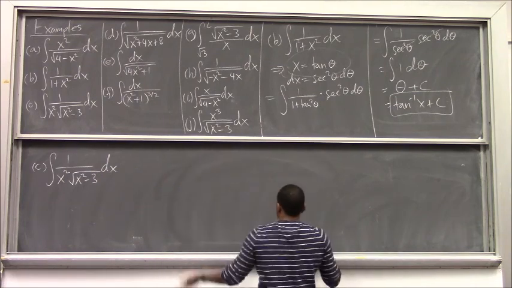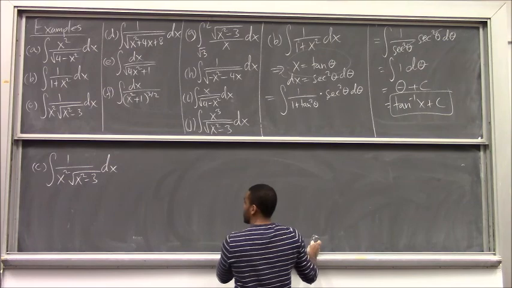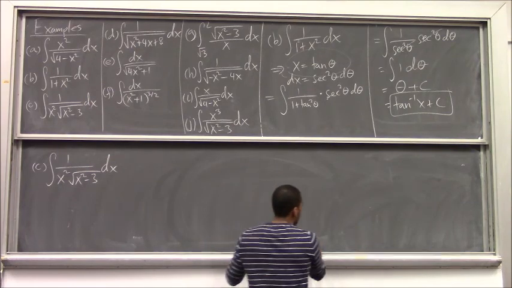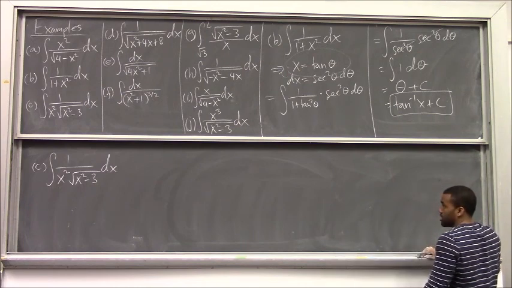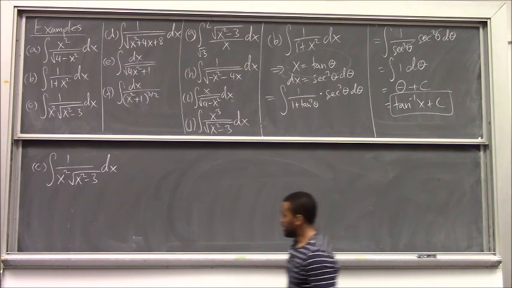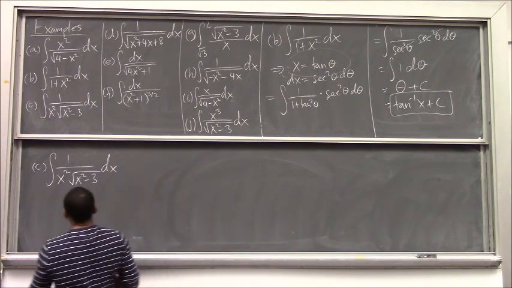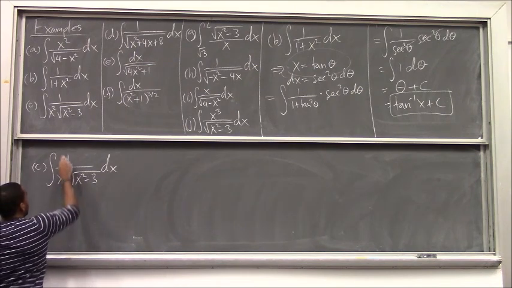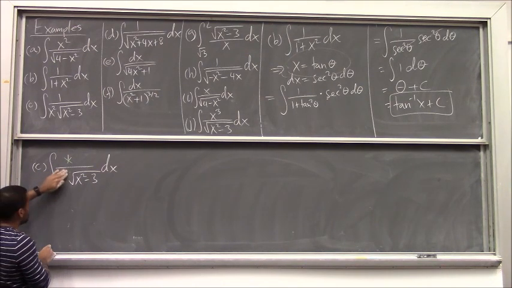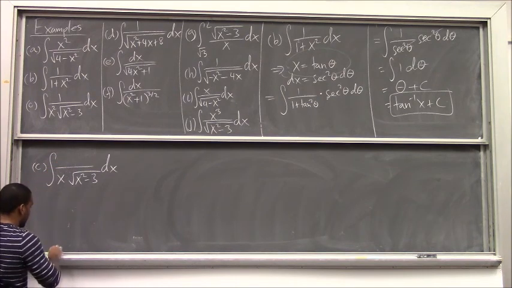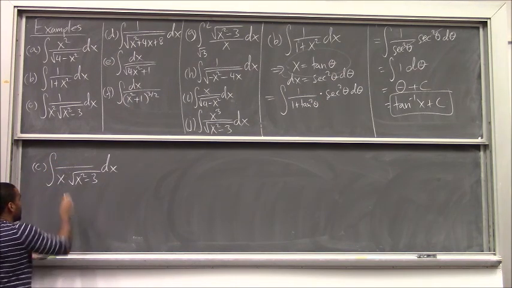Because you'd want to substitute u equals x squared minus 3, but your du is going to have an x in it, and that's just not going to work out very nicely. And before you sneakily think, well, I can throw an x in there, just multiply by x over x, well then you deal with x cubed when your u is x squared minus 3. That's not going to be nice. So a substitution is not going to work out nice for you.